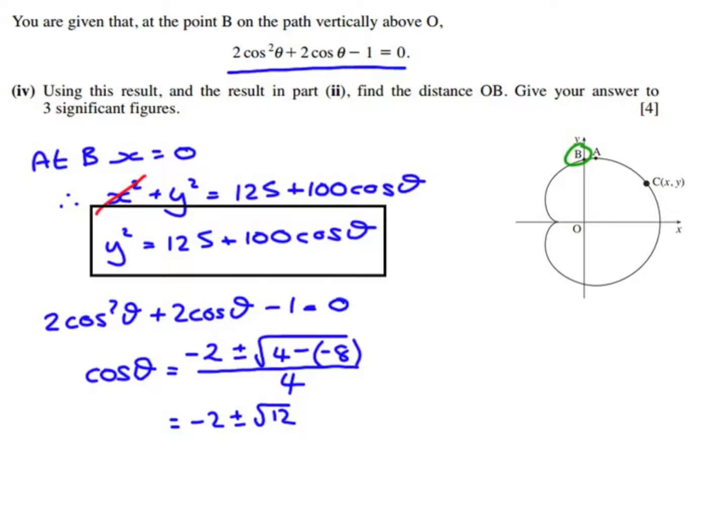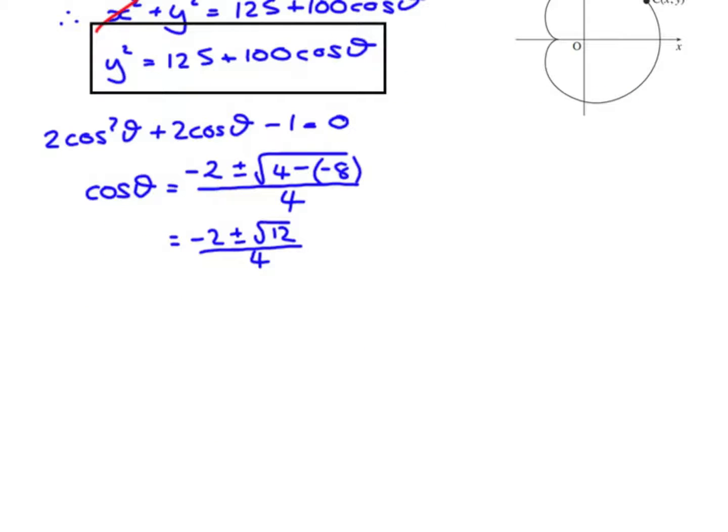So cos theta is negative 2 plus or minus root 12 over 4. At B, we know that the value is positive, and so therefore we take cos theta to be negative 2 plus root 12 over 4.